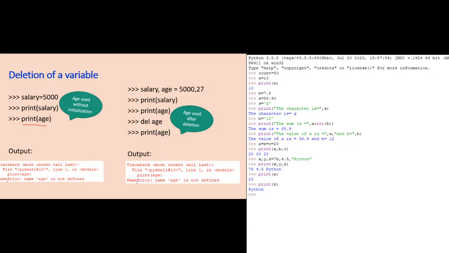But we are trying to print the variable which is not yet initialized, which is not yet allocated memory. So in such a case, a name error will be raised. That means the compiler cannot find the variable with the name age. We are trying to use a variable whose memory is not yet allocated and also no value is initialized.